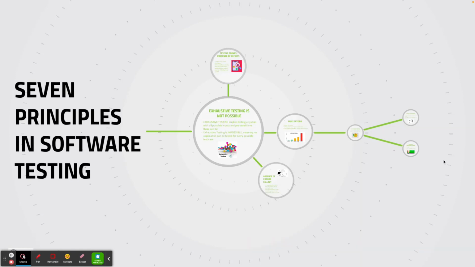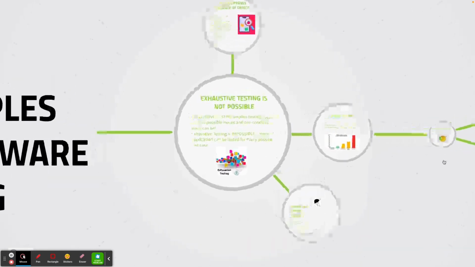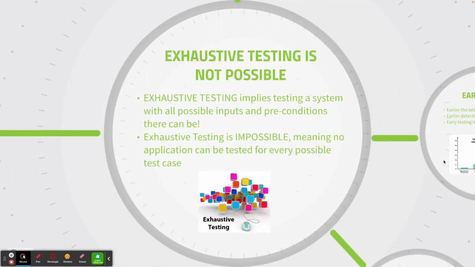Without wasting any more time, let's straight away jump to the first principle, which is exhaustive testing is not possible. Now, there are two pointers written on the screen. You can have a read at them, but my job here is to explain as easily as possible. Exhaustive means complete, that is 100%, and that testing is not possible.